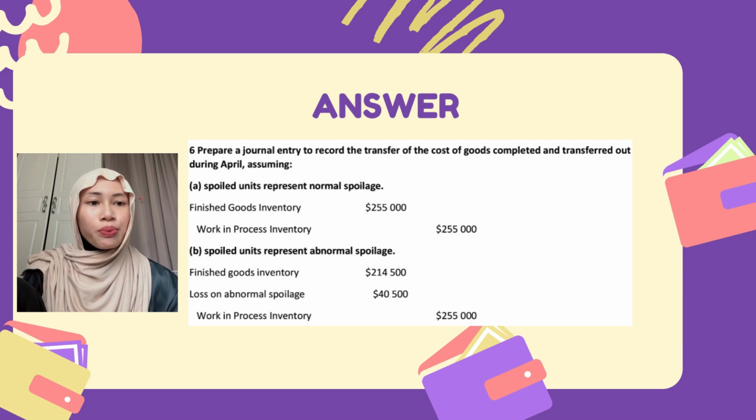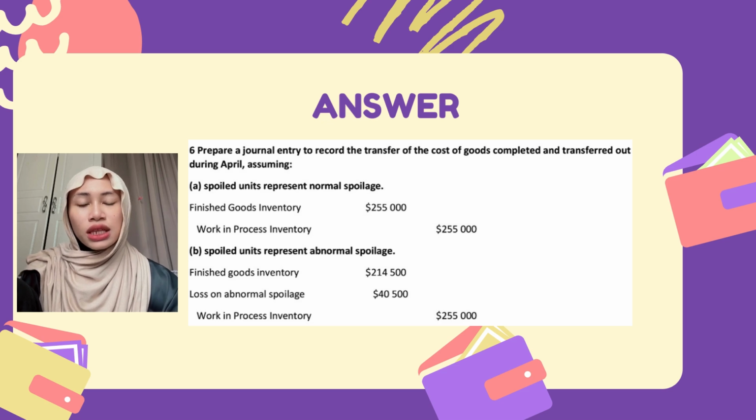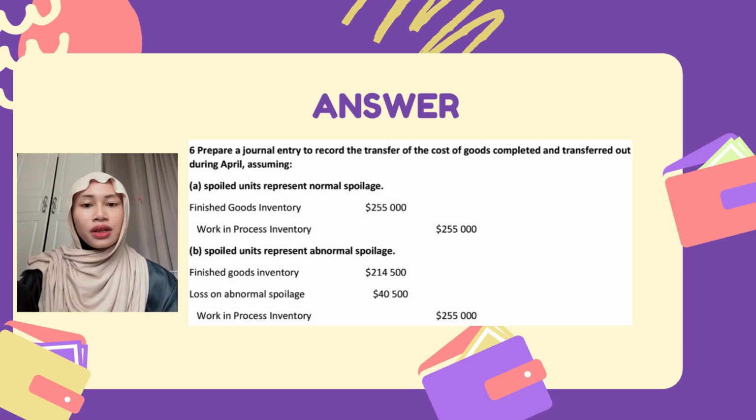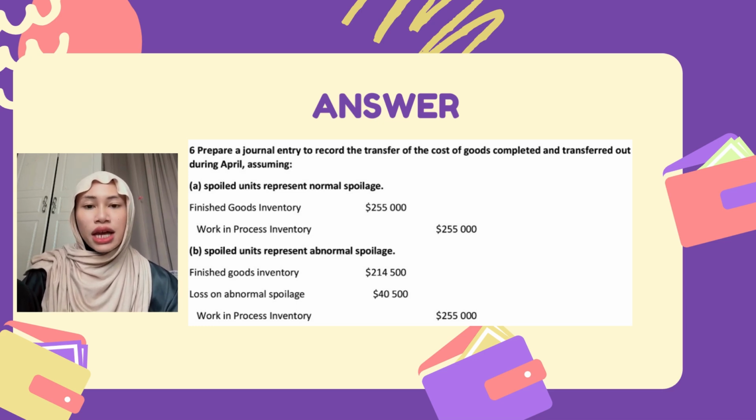While for the spoiled units that represent abnormal spoilage, we need to specifically state the finished goods inventory 214,500, while loss on abnormal spoilage is 40,500 on the debit side. While for the credit side, the work in process inventory, the total of them both, which is 255,000.